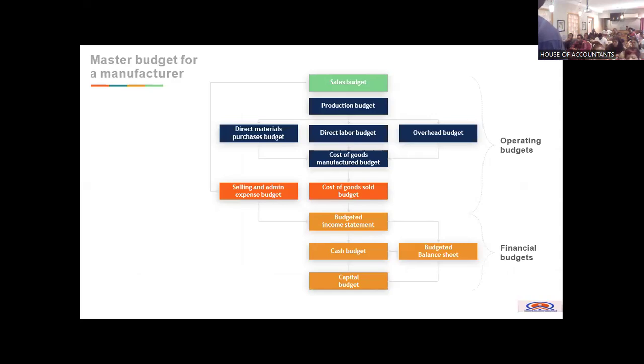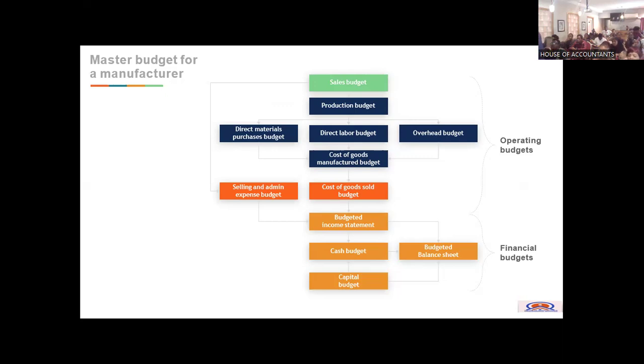So master budget for a manufacturing company. The budget you are going to prepare is for a manufacturing company, which we are using because it's more elaborate. If you use just a school or real estate, it will not touch all the areas.